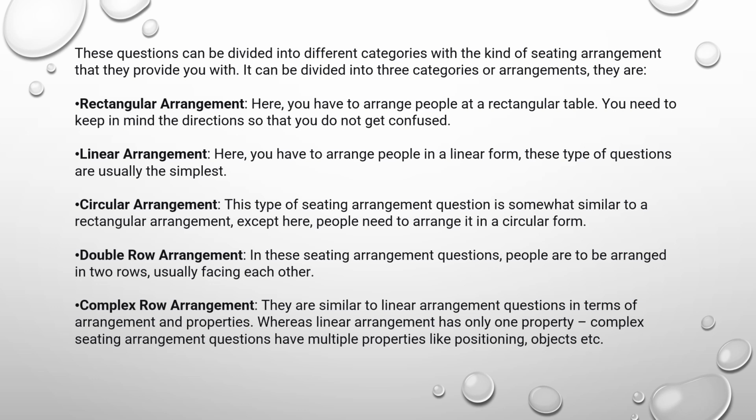Coming to the next type, that is double row arrangement. Basically, this goes like a photo session of a group where the single row and then the after rows will be discussed. In these seating arrangement questions, people are to be arranged in 2 rows or more, usually facing each other.